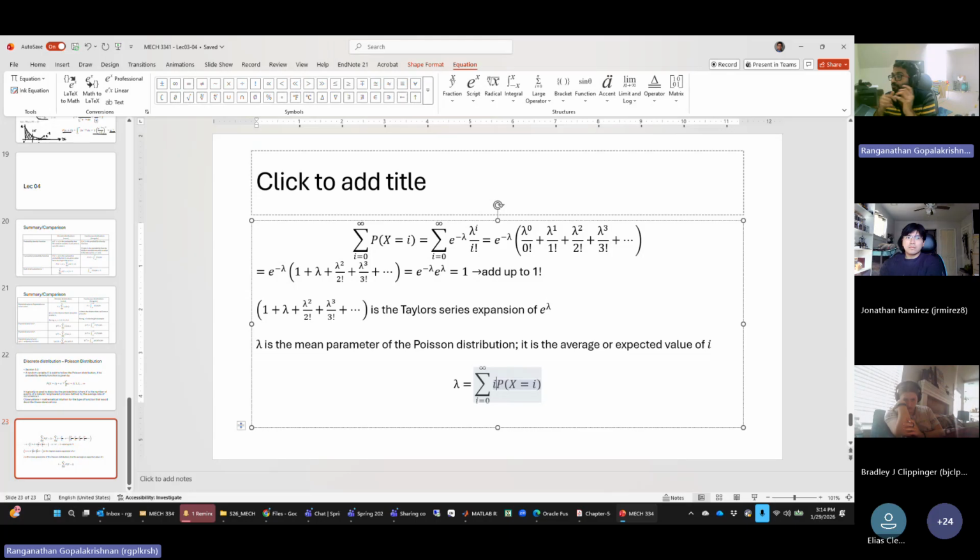Of course, nobody can have 2.1 children. What it means is in a population, if most women have 2 kids, some women have 3 kids, and a fewer number of women have 4 kids, it will compensate for those that have only 1 kid or don't have any kids. So this mean parameter is sort of a number which anchors the Poisson distribution to a certain range.